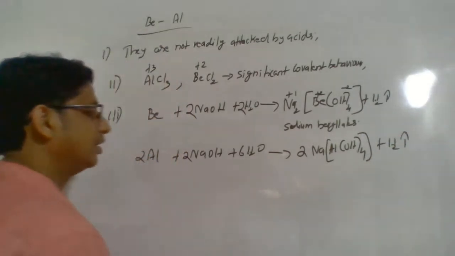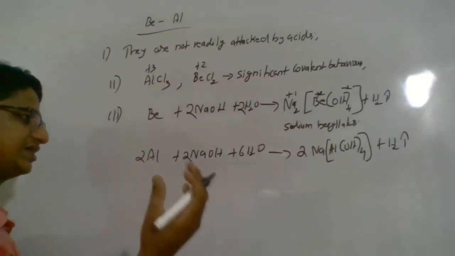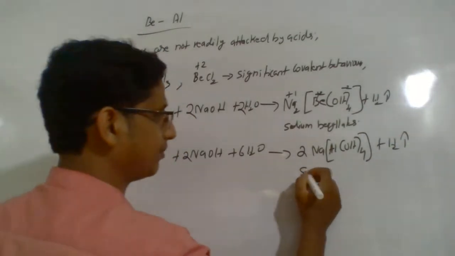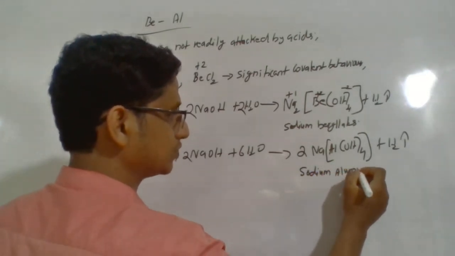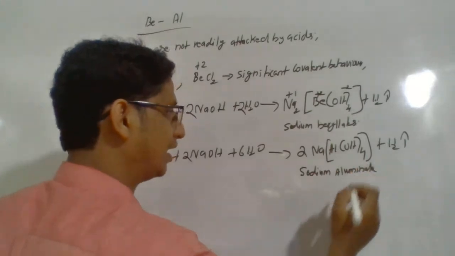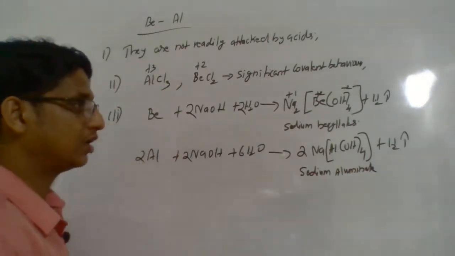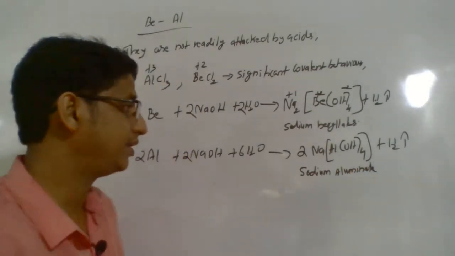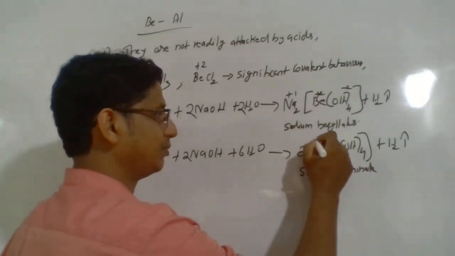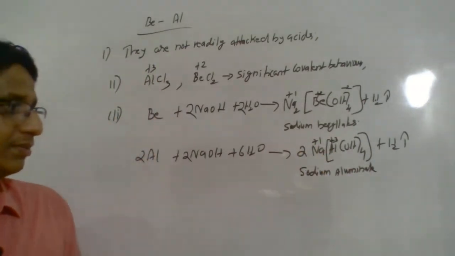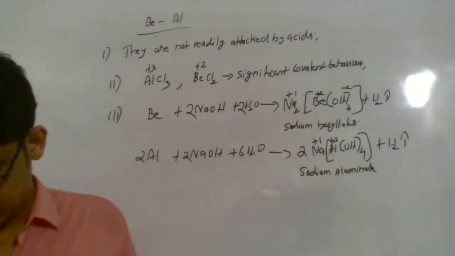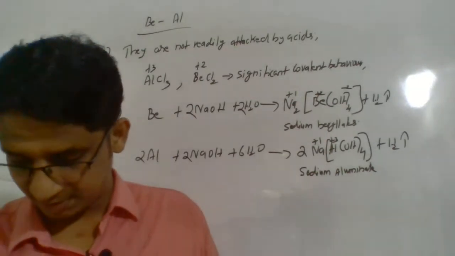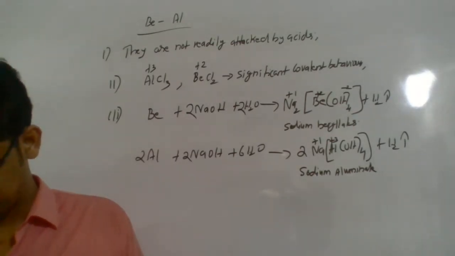Both react with alkali to release hydrogen. Here we call it sodium aluminate. The aluminate part is Al(OH)4; aluminium will be +3 and sodium +1, so sodium aluminate will be Na[Al(OH)4].